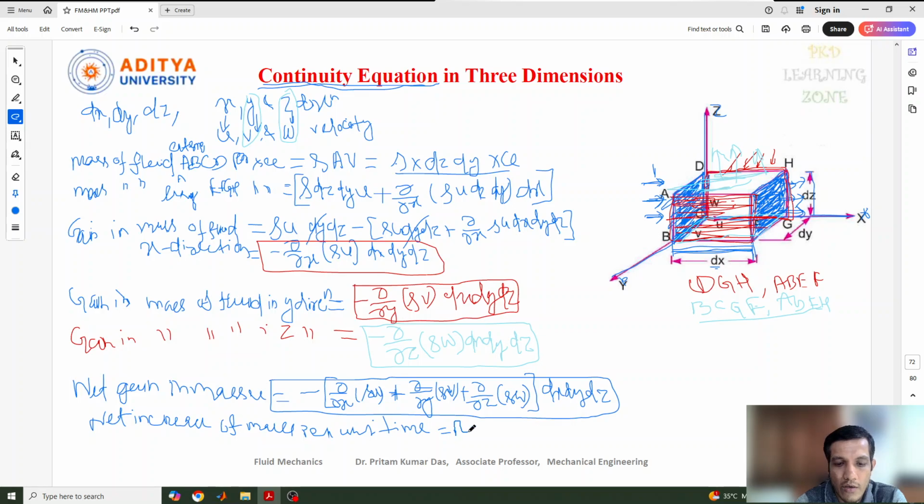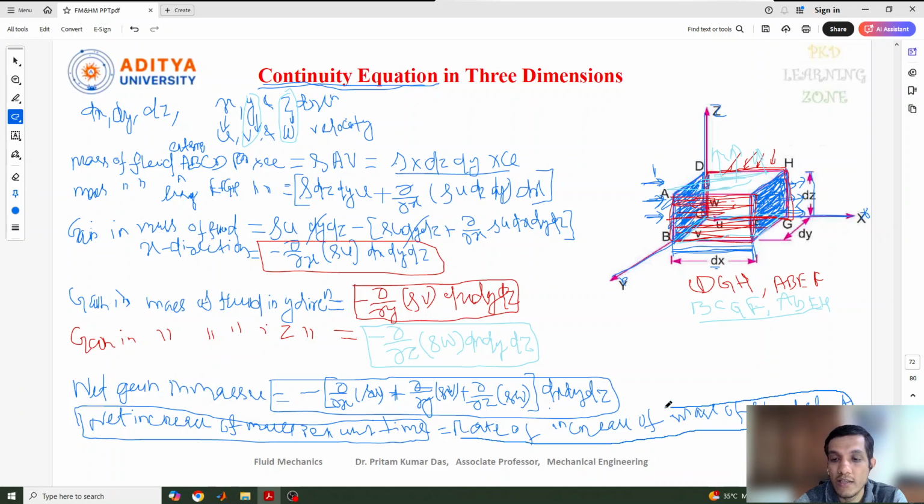will be equal to the rate of increase of mass of the fluid element. So here what I mean to say is, the net increase of mass per unit time will be equal to the rate of increase of mass of fluid in the fluid element.